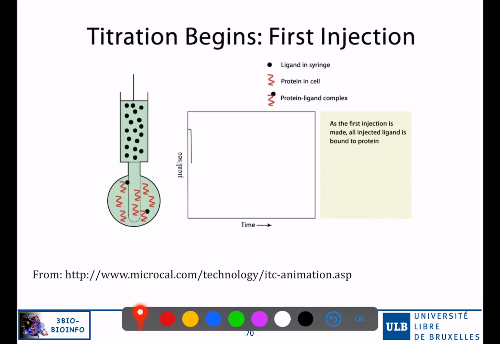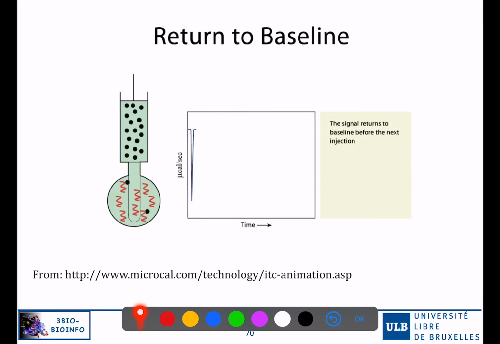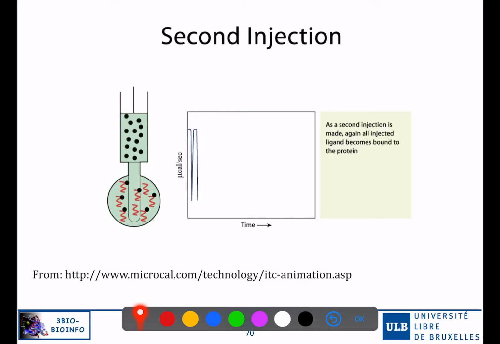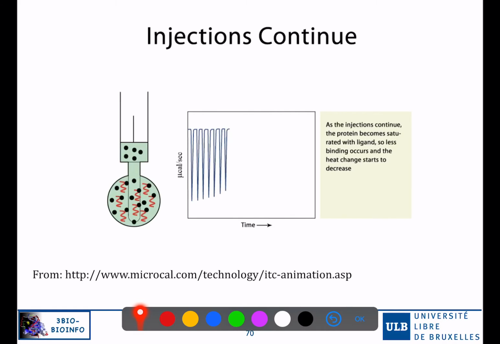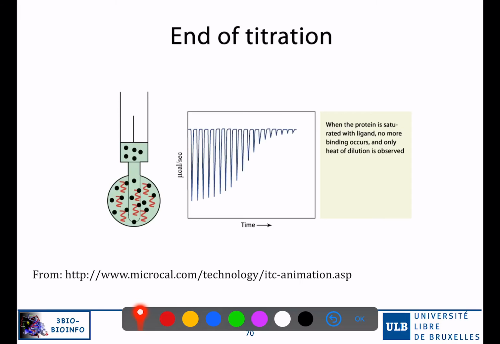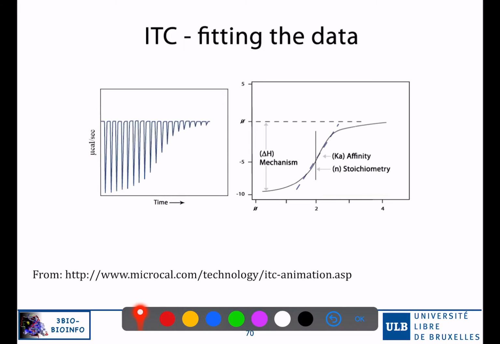Okay. Here you have a small movie that shows you what happens when you inject the ligands in your cell, and here you have the power that is required to keep the two cells at the same temperature.